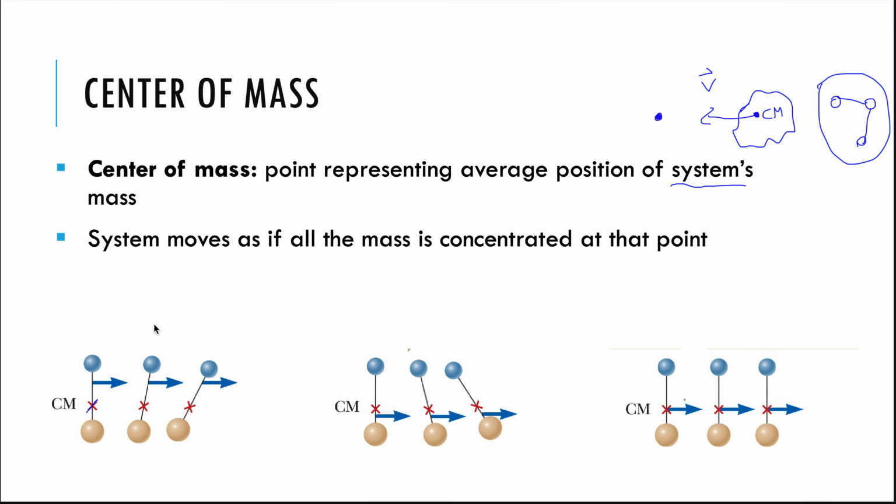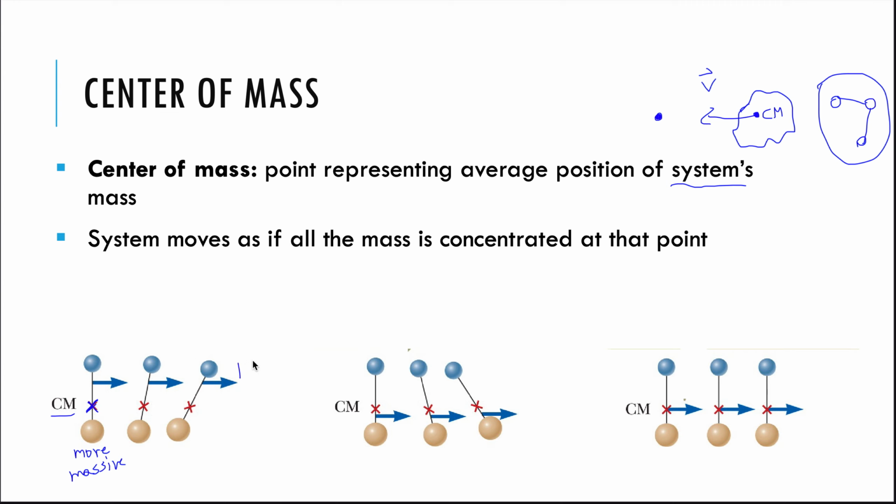One last thing about the center of mass can be explained through this picture. If we look at this picture, it has two masses. We're going to assume that this brown one here is more massive than the blue one. And so the center of mass is denoted here with this X and cm for center of mass. So the average position of the mass is closer to the brown mass just because it's heavier.